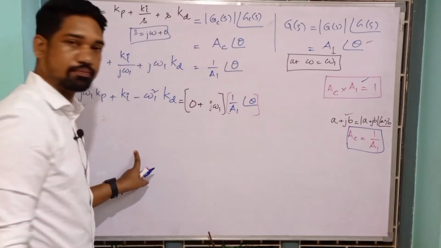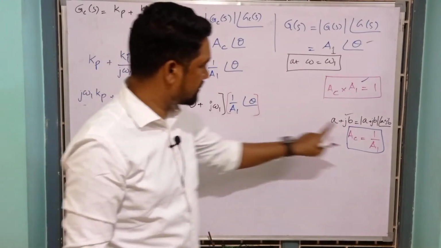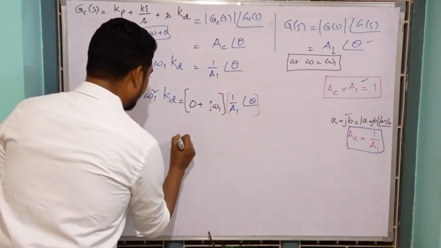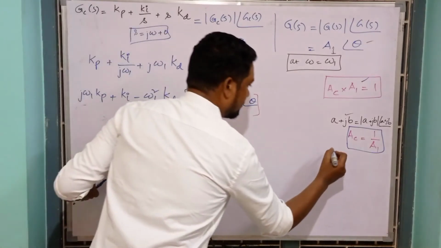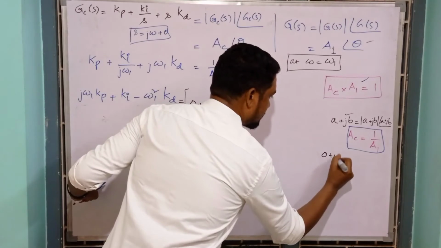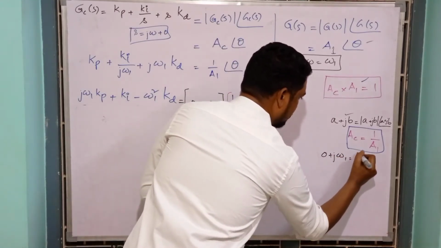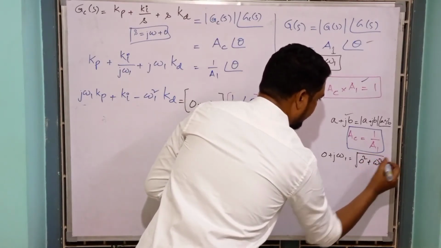It's a complex function. Okay, so a complex function we have to express in terms of magnitude and phase angle. So what will be the magnitude of this one? Magnitude, it's 0 plus j omega 1. The magnitude will be equal to under root 0 square plus omega 1 square.